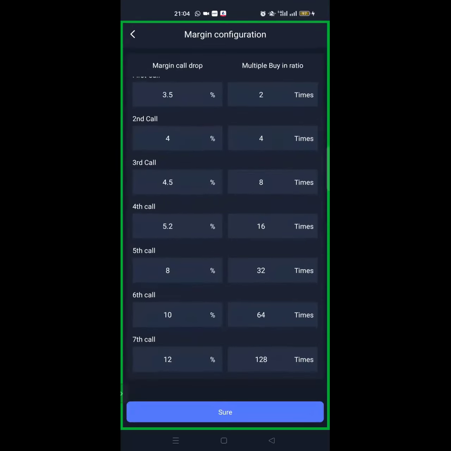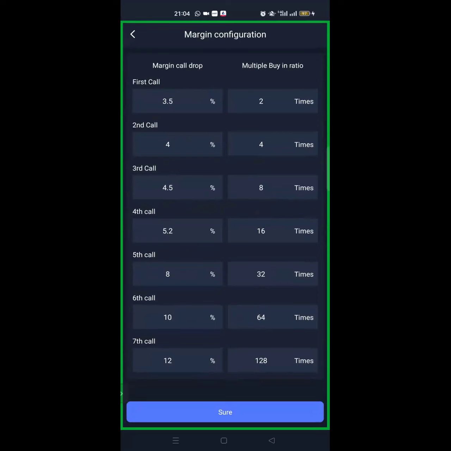This is where you instruct the robot how you want it to buy your first call, your second call, how you want it to buy the dip. And also the margin call drop is the same thing. It is instructing your robot at what percentage you want it to buy at a certain call.